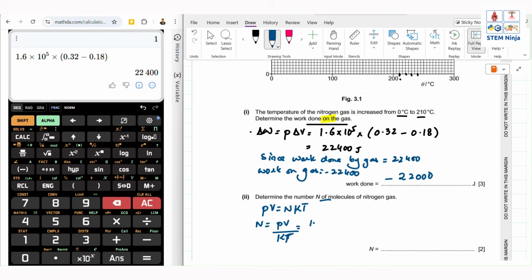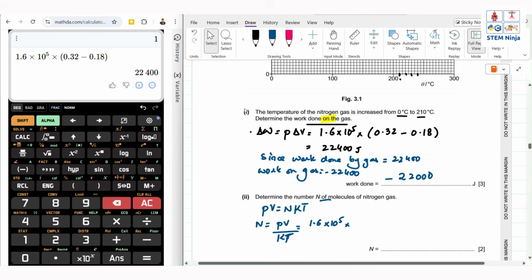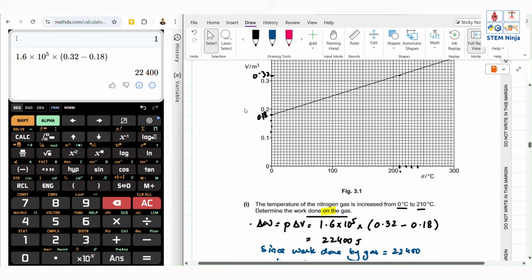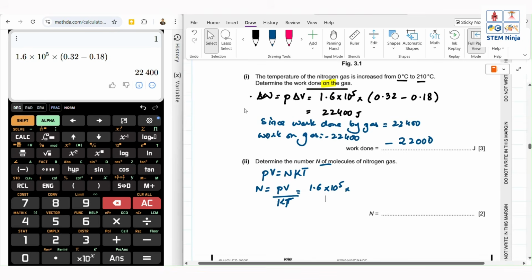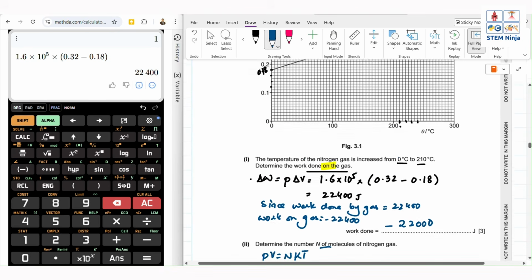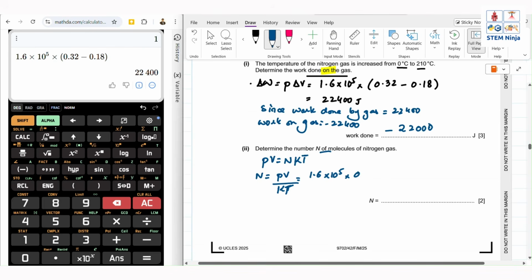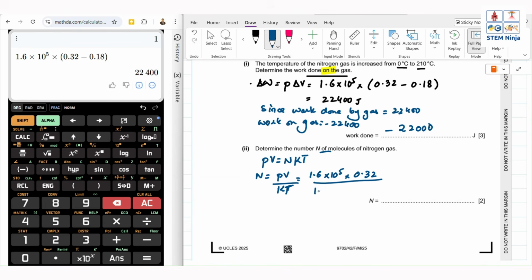So pressure is 1.6 times 10 raised to power 5. This is constant. Volume we can select somewhere. Let's say we select the 210 one, that was 0.32, divided by k, the Boltzmann constant, 1.38 times 10 raised to power minus 23. This is given in the data booklet, and temperature is 210 plus 273.15.